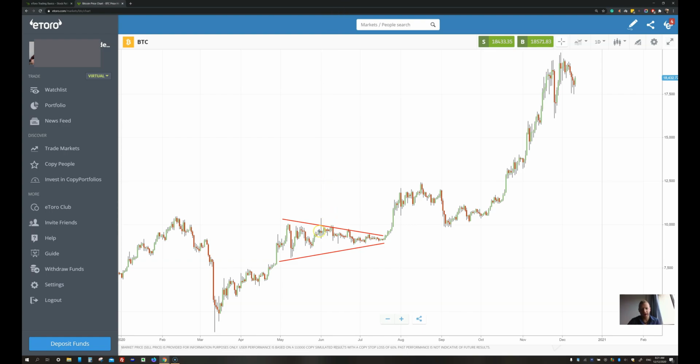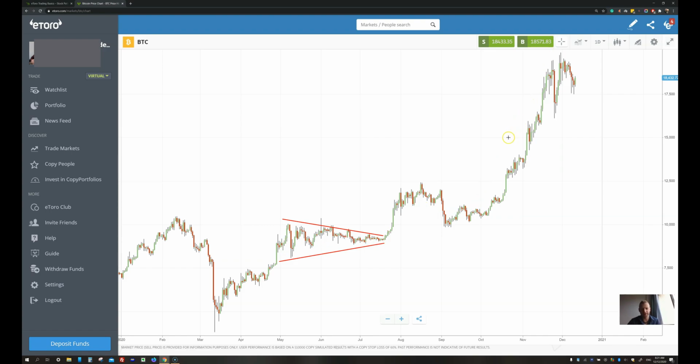And so when you're buying a stock or, for example, Bitcoin, try to be aware and try to spot these patterns, because when you're buying it at the wrong moment, you might set yourself up for a big loss. As you can see here, Bitcoin made this triangle pattern, and then it stopped being volatile, and then it cracked up to the upside. And guess what? You could have made a very nice return here.